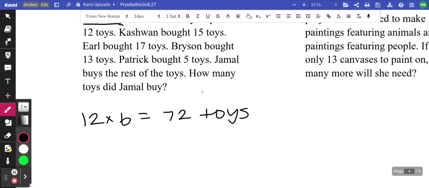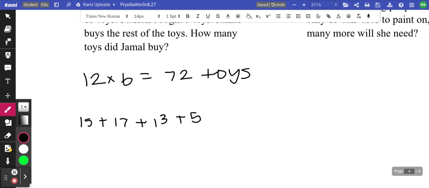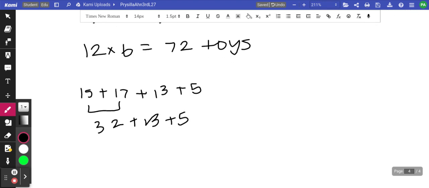Okay, so let's figure out how many toys, except Jamal, his friends bought. So we have 15 from Kashwan, we have 17 from Earl, 13 from Bryson, and 5 from Patrick. Okay, so let's add them. So 15 plus 17 is 32. 32 plus 13 is 45, plus 5 is 50.